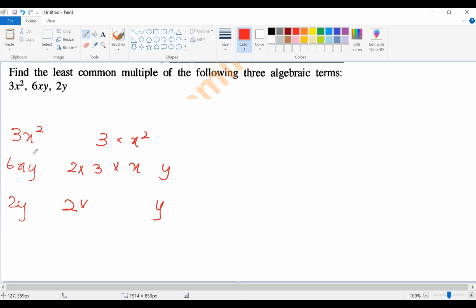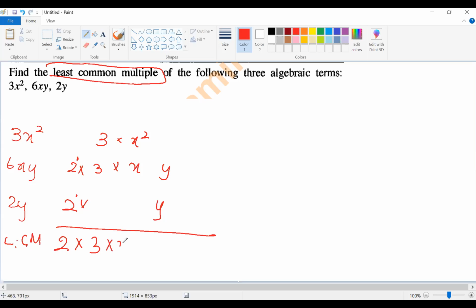Now, they told you to find the least common multiple. So LCM is equal to, you have to take the highest one in the line. So in the line of 2, which has the highest power? In the line of 2, it is power of 1, here also power of 1. So you can take only the 2 here. If you see here, only 3 is there, and here is x, and here it is x square.